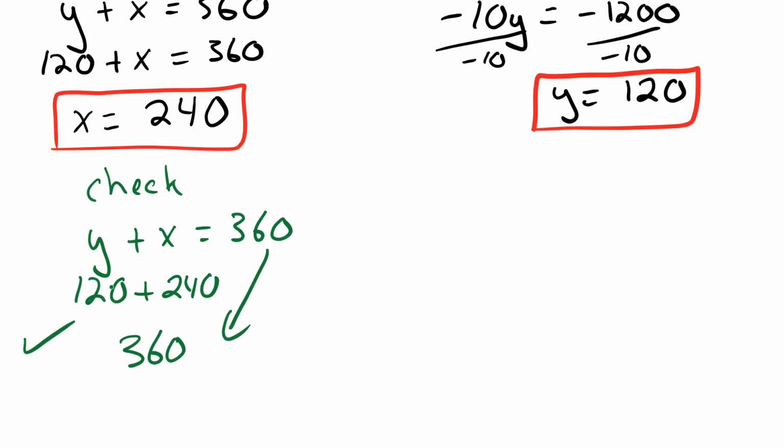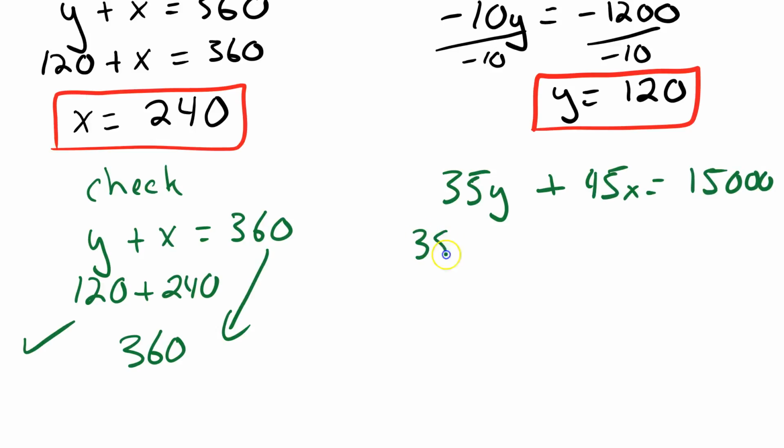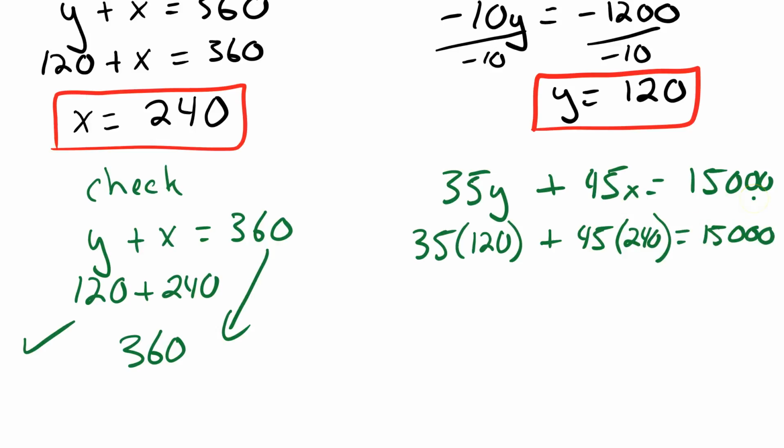Now my other equation, that was 35y plus 45x equals 15,000. 35 times 120 plus 45 times 240 equals 15,000. 35 times 120 is 4,200. 45 times 240 is 10,800.